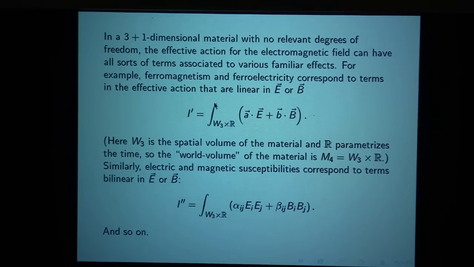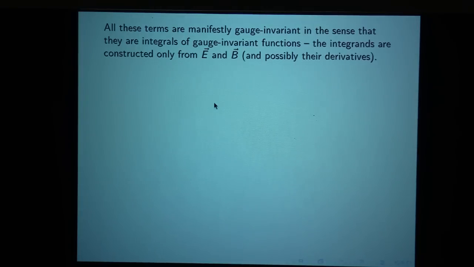And similarly, quadratic terms in E and B will describe electric and magnetic susceptibilities and so on. So all these terms are manifestly gauge invariant in the sense that they're integrals of gauge invariant functions. The integrals are constructed only from E and B, or possibly from their derivatives. So if you wanted to describe the frequency dependence of the index of refraction, you would need terms in the effective action that involve derivatives.